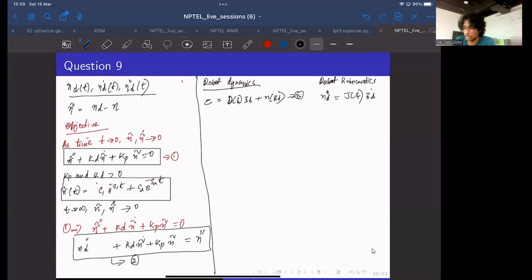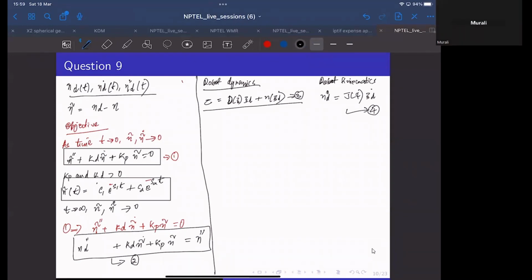So again, how can we work with these equations? As per robot dynamics, the torque vector tau would be D of zeta times zeta desired double dot plus N of zeta, zeta desired dot. And as per the robot kinematics, eta dot would be J of psi times zeta. If I'm further differentiating the robot kinematics equation, for the time being forget the subscript d, I'm writing generally.